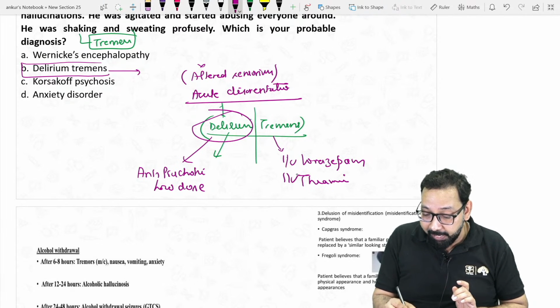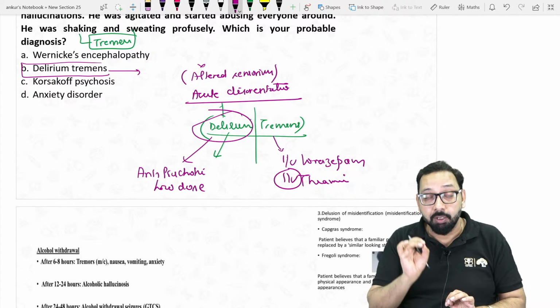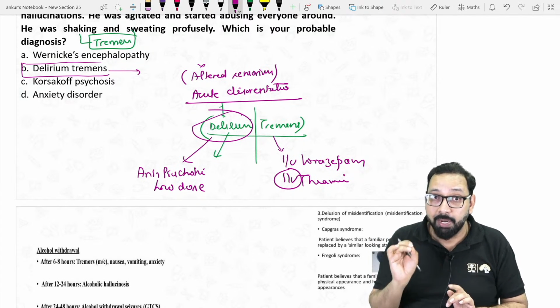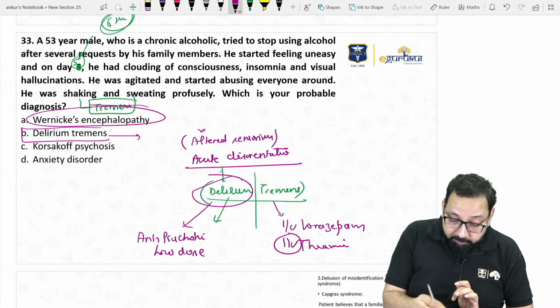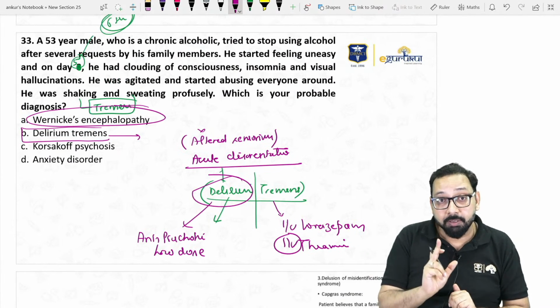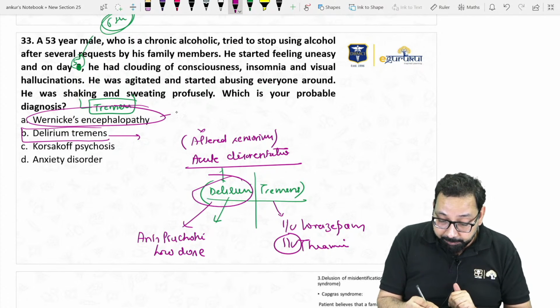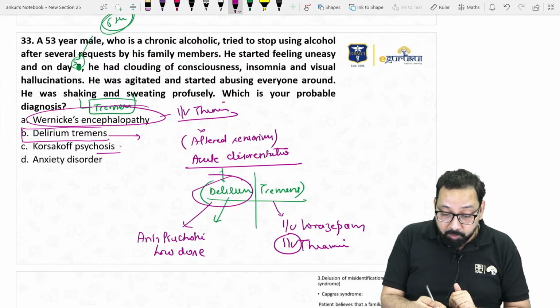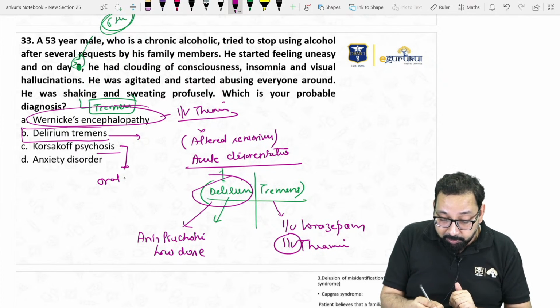So in any disorder related to alcohol, the treatment includes thiamine. Wernicke's encephalopathy, yes, IV thiamine treatment. Korsakoff psychosis, oral thiamine.